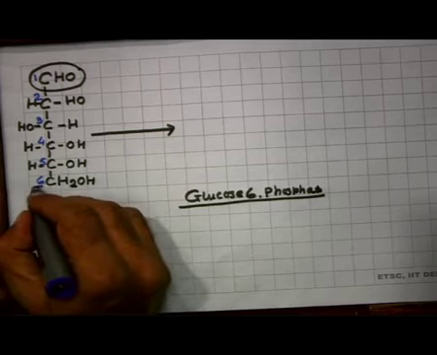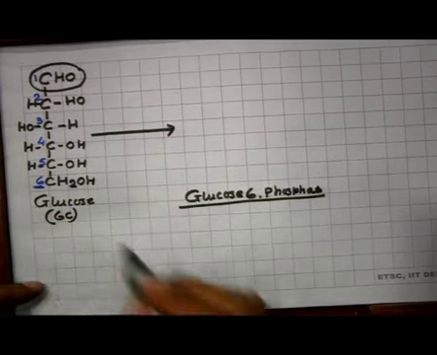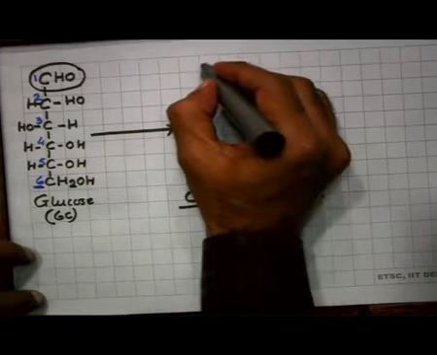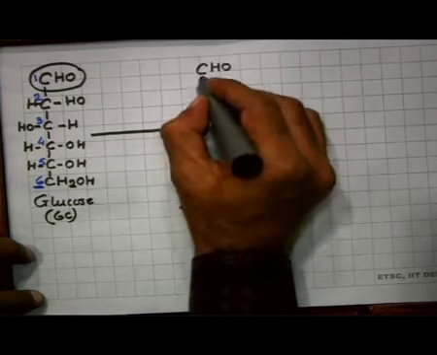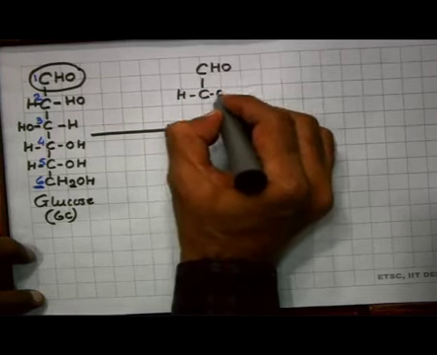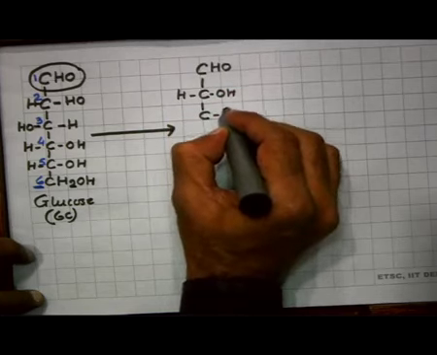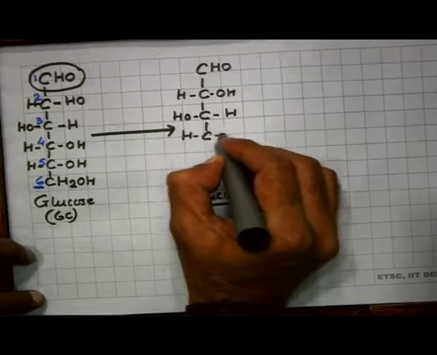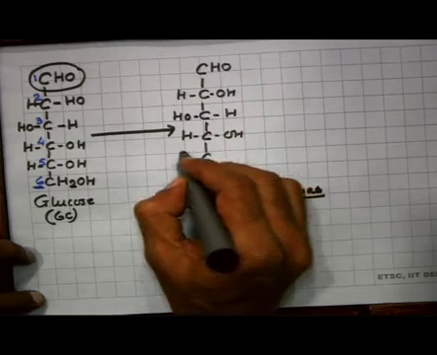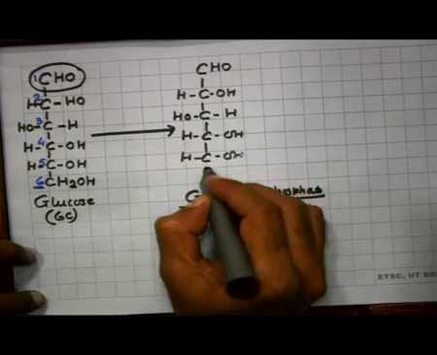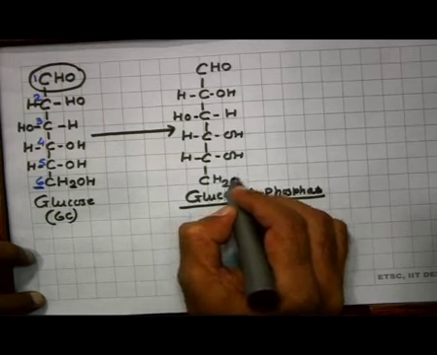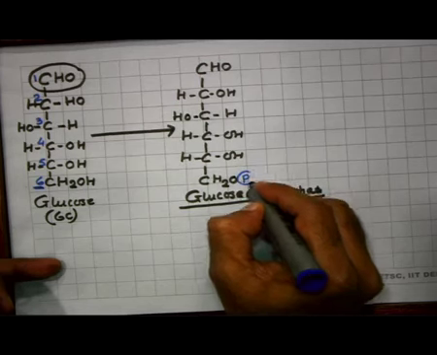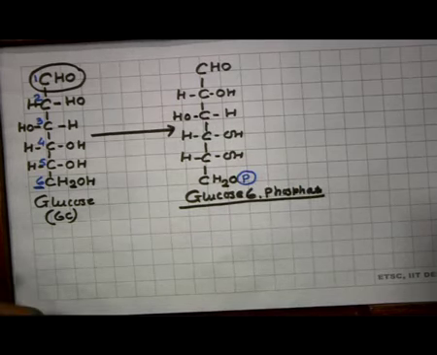At the 6th carbon, instead of H, there is a phosphate group. So, it is easy to write CHO, HOH as second, H at third, in fourth HOH, in fifth HOH, in sixth there is a change, CH2OP. We can write the phosphate group there.